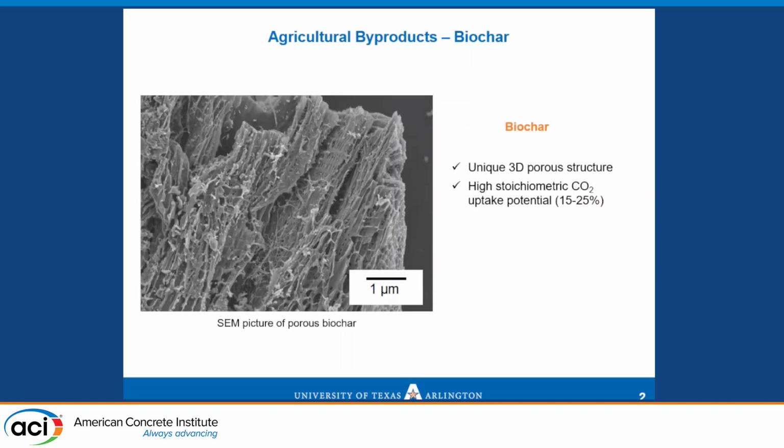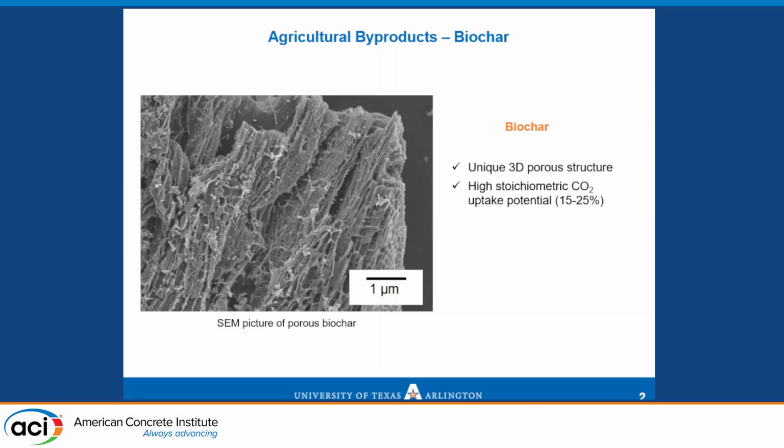One of the indicated ways right now, and very popular, is the use of porous materials. In this slide, I'm showing a highly porous material, which goes under the name Biochar.